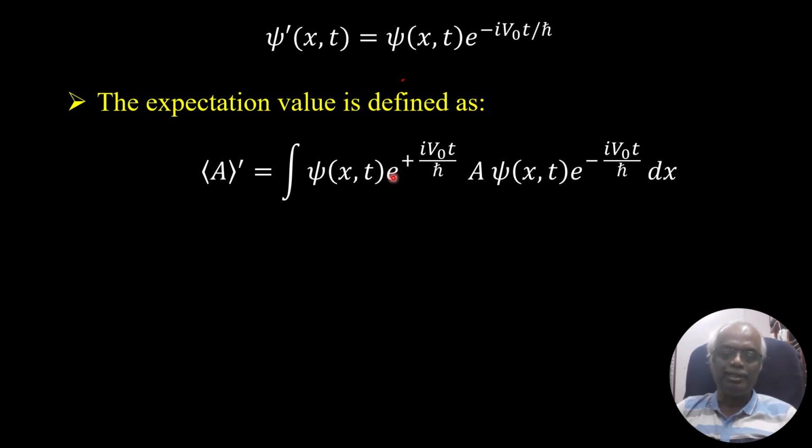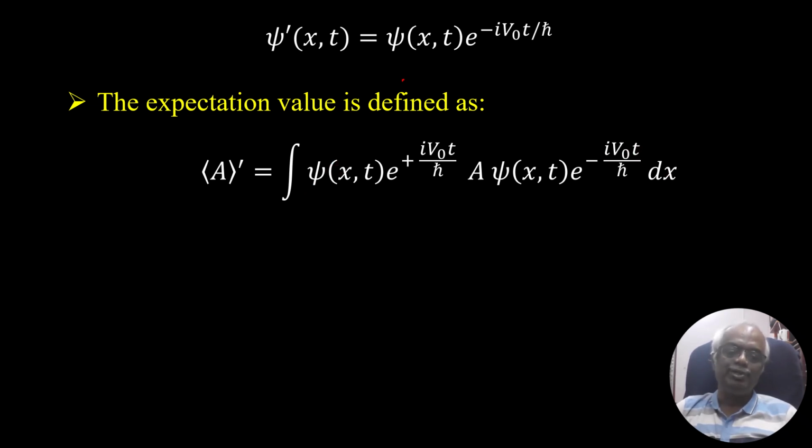So e to the power plus i V0 t over ħ, then A, and this is the wave function ψ(x,t) e to the power minus i V0 t over ħ dx.